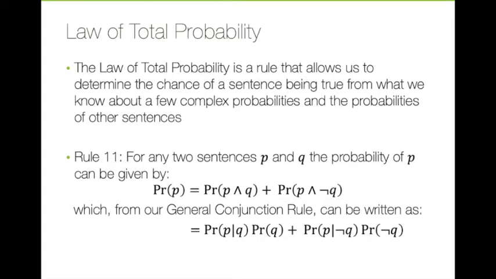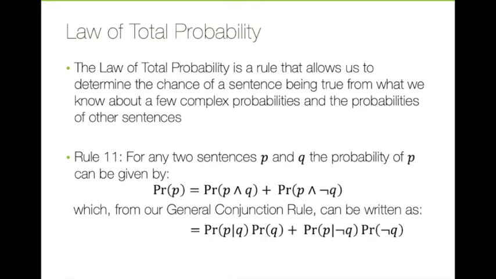Now we have a rule for giving the probabilities of conjunctions. By substituting each of those conjunctions with the formula given by the general conjunction rule, we can write these as the probability of P given Q times the probability of Q, plus the probability of P given not Q times the probability of not Q.